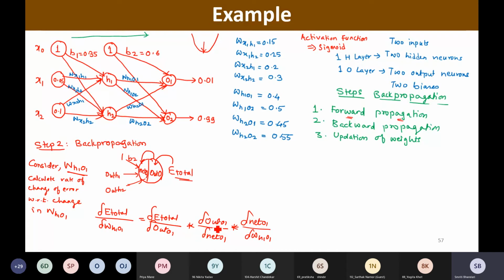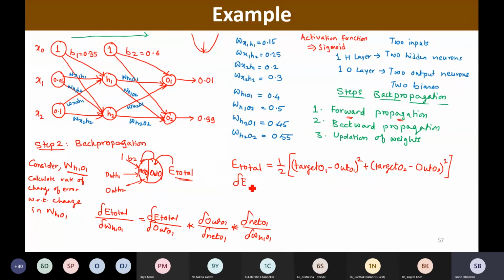Now, since we are propagating backwards, we need to calculate the change in total error with respect to these two, O1 and O2, right? So once again, I am writing the expression E total, that is half of (target O1 minus out O1, the actual output of O1) square plus (target O2 minus out O2) square, right?